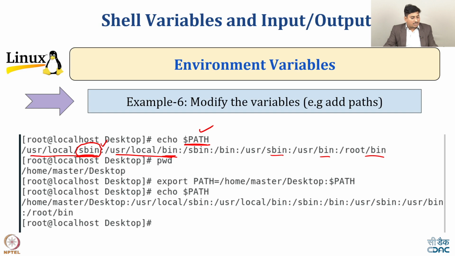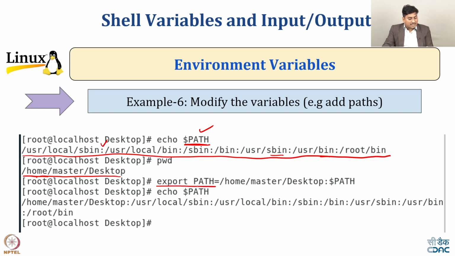So just consider that in this particular desktop directory I have some binaries. Now I want to add the path of those binaries in this list, so that I can make use of those binaries. So just set that particular variable or modify that variable, or maybe just append or prepend our user defined paths. In that particular case you can use a command something like this.